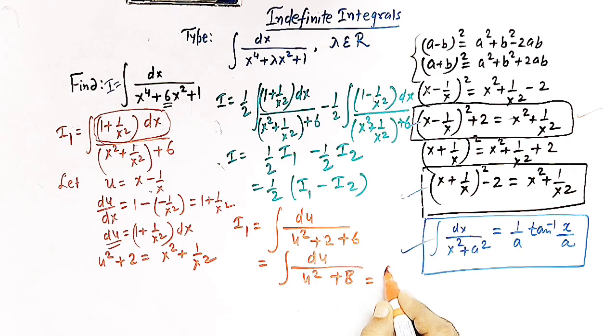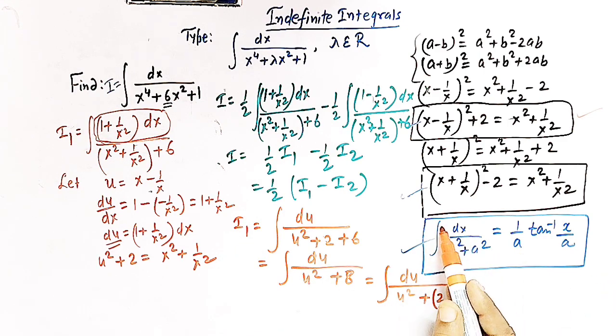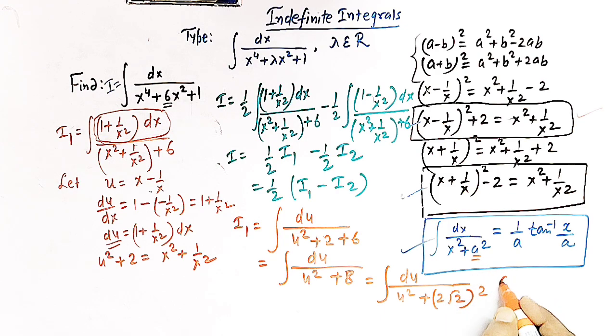So we can now write du, and here we have u square plus 2 root 2 whole square, right? So now this integral I1 takes this form, that is integral dx over x square plus a square. Here the variable is u, and the value of a is equal to 2 root 2.